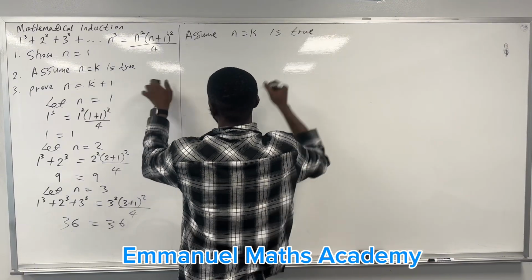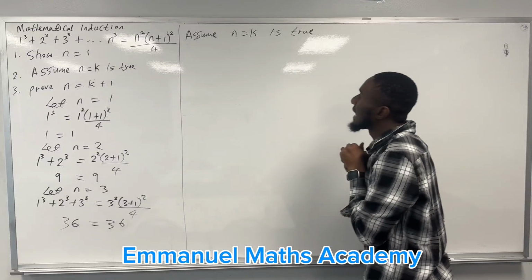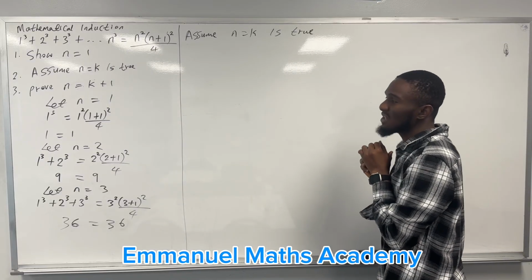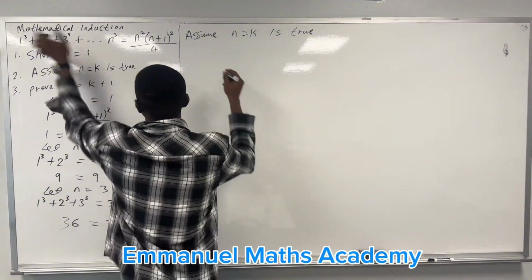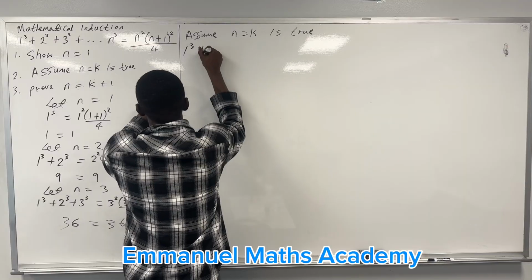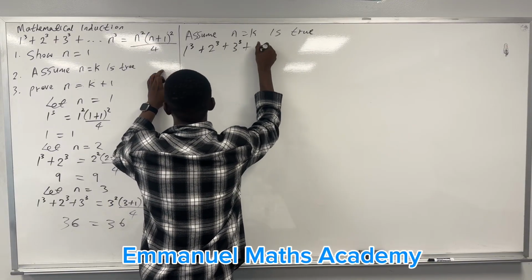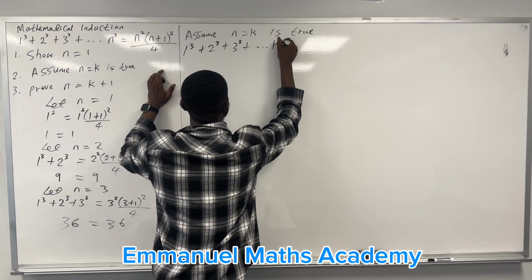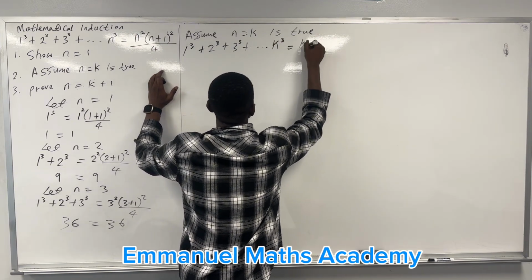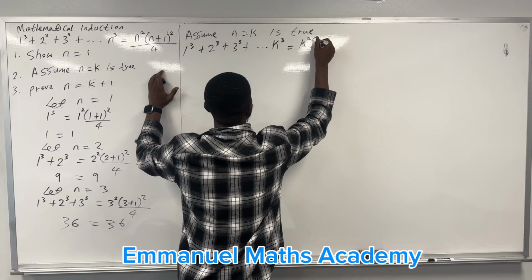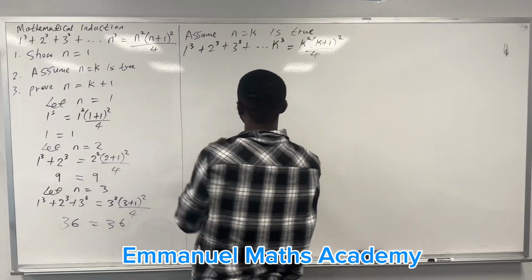So this is the logic now. Wherever you see this equation, you'll be replacing n for k. So wherever you see n, just put k. As simple as that. From here you have 1 raised to power 3 plus 2 raised to power 3 plus 3 raised to power 3 plus up to k raised to power 3 equal to k squared, k plus 1 squared, all over 4.